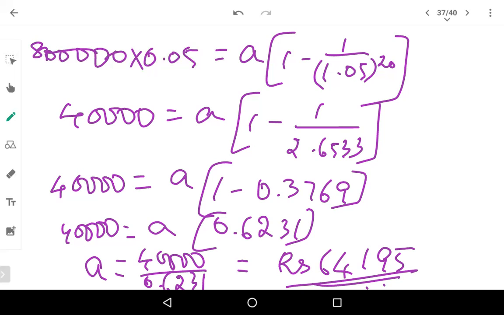So to clear the loan, they are supposed to pay 64,195 every year. So every year, to clear the loan of 8 lakhs over 20 years, they are supposed to pay an installment of 64,195. So this is the next type of question whenever they ask for loan calculations.